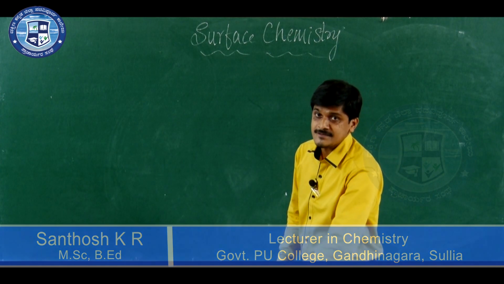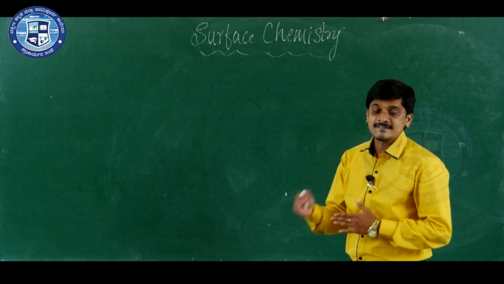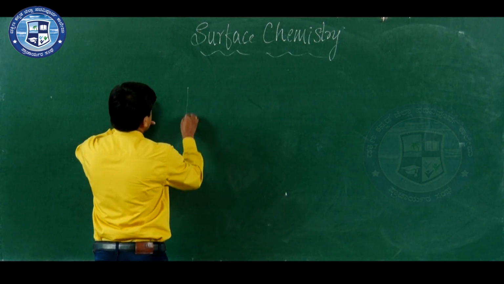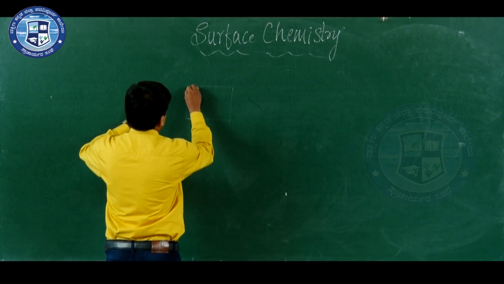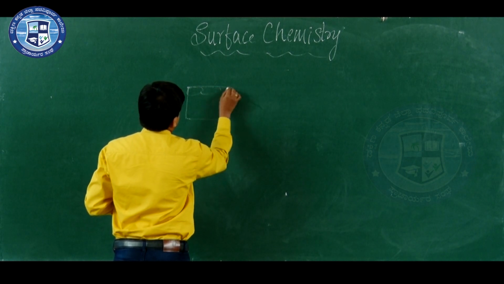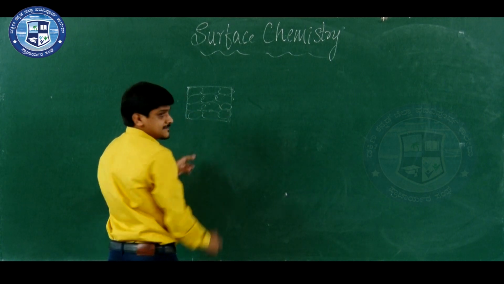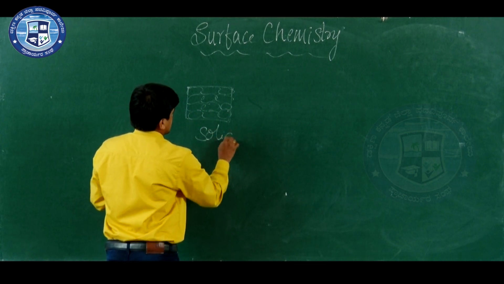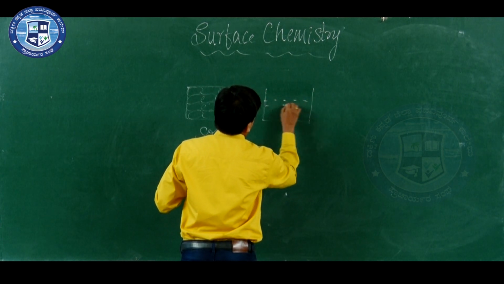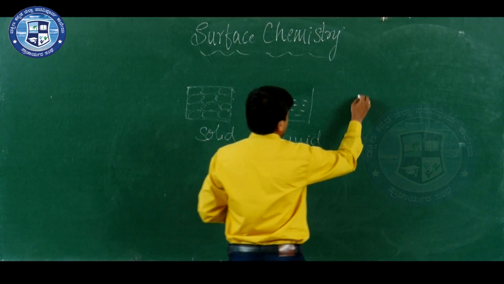Surface chemistry is the branch of physical chemistry that deals with the phenomenon that occur at the surface or the interface. See here, for example, I will take solid, liquid, gas.